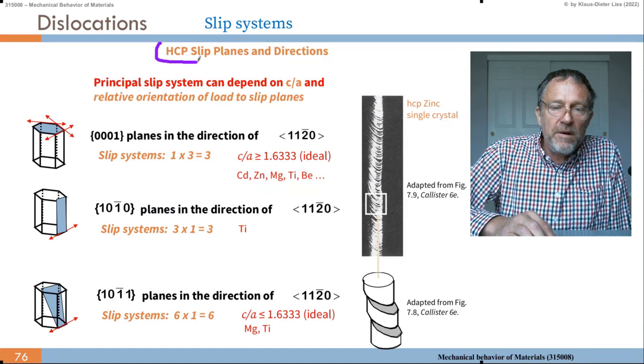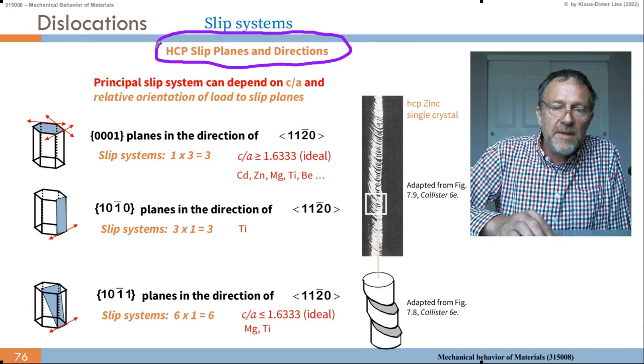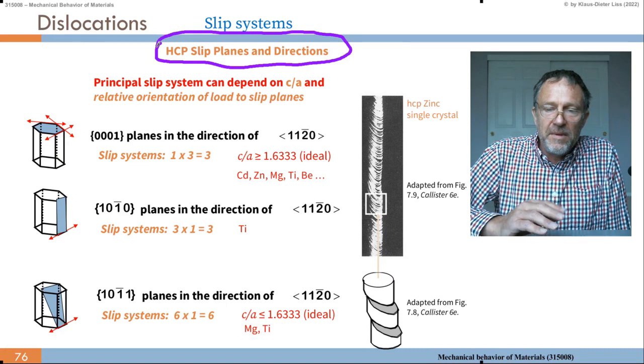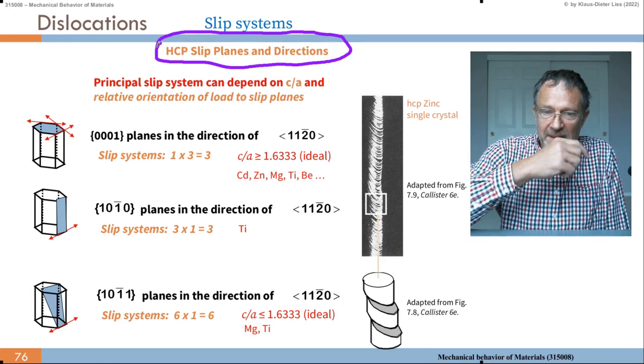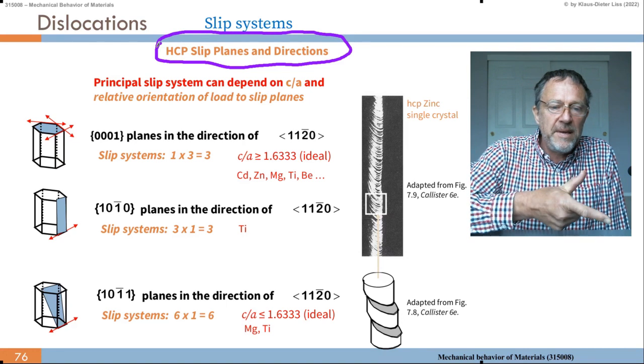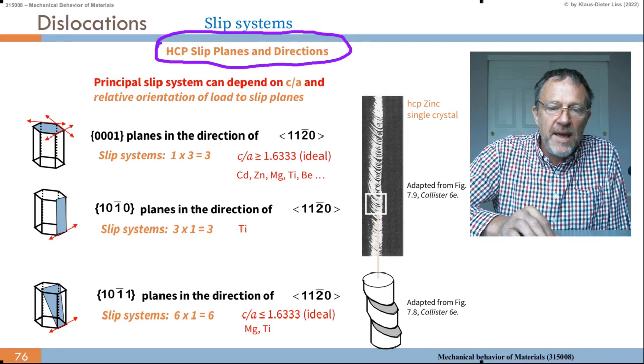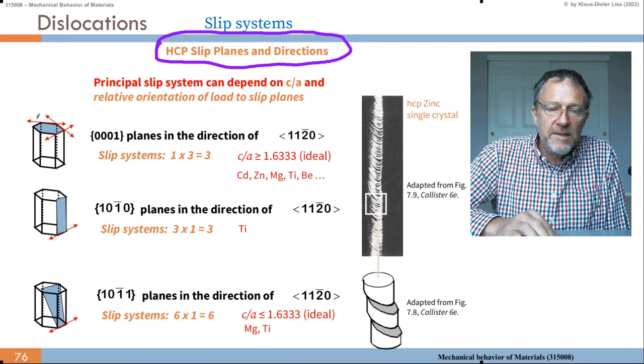If we go now to HCP, slip planes and directions, this is one of the 3 fundamental monoatomic lattices. We have the FCC, the BCC, and the HCP, hexagonal close packed structure.